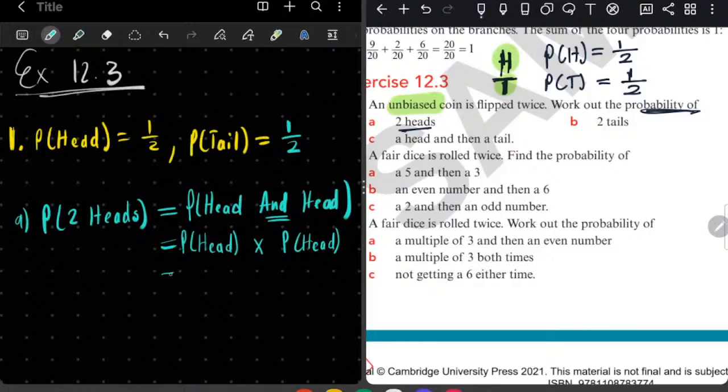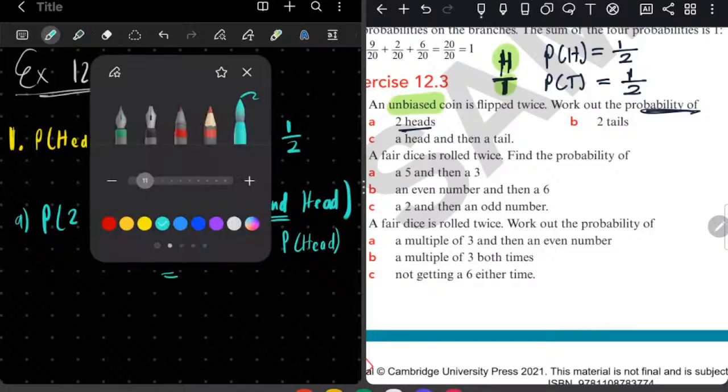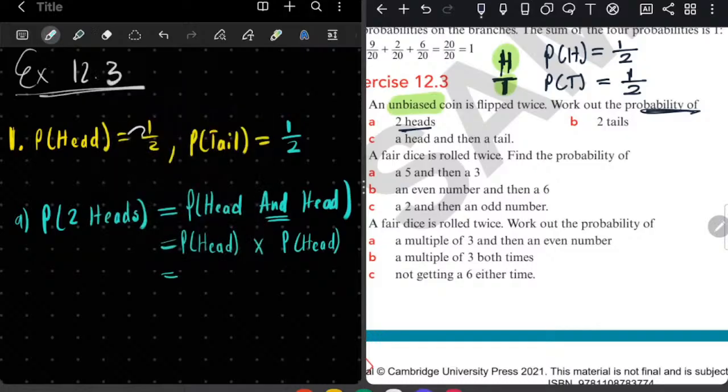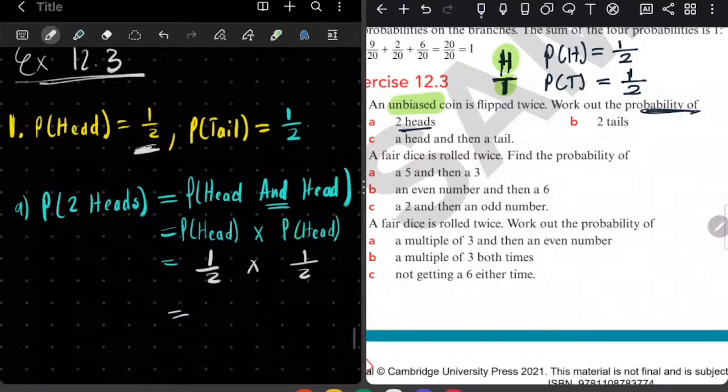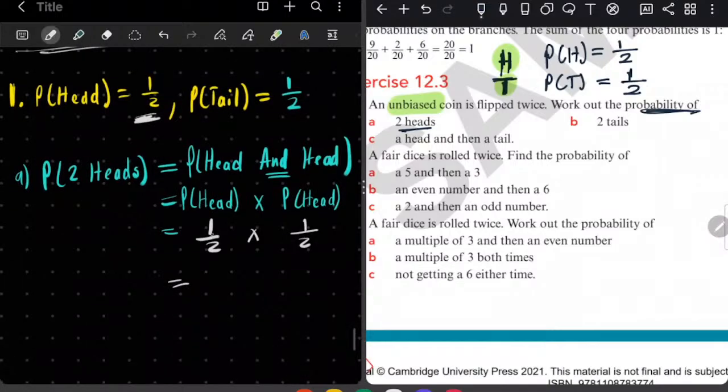What's the probability of head? Here on a coin, it's half. So probability of head on a coin is half, times probability of head again, half. When you are multiplying 2 fractions, look, Vic, you multiply the top. So 1 times 1, you get 1.